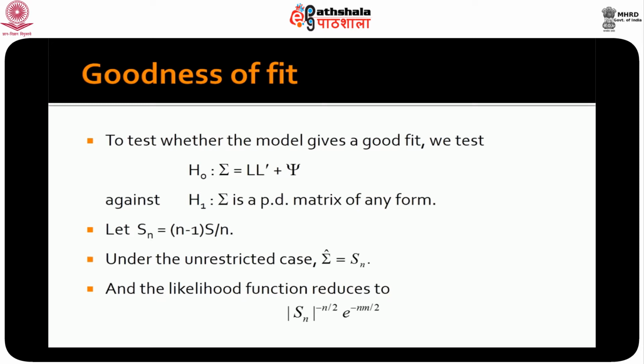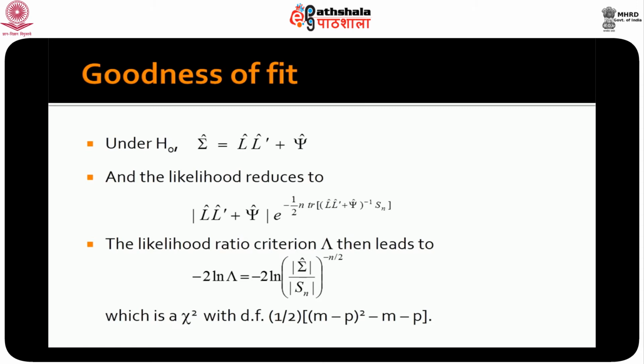Now under H naught, sigma is restricted to the form of the null hypothesis, that is, it is equal to LL prime plus psi, and if we estimate the parameters L and psi, then sigma hat now is L hat L hat prime plus psi hat.